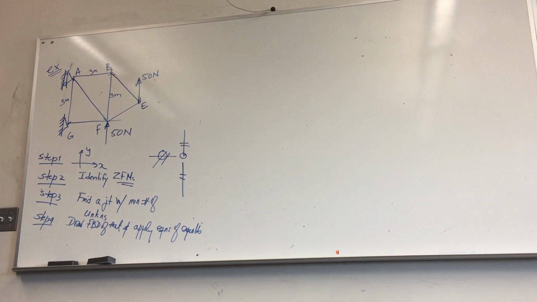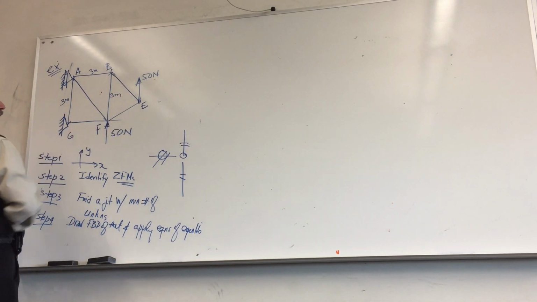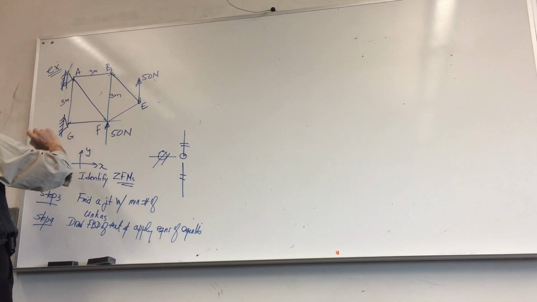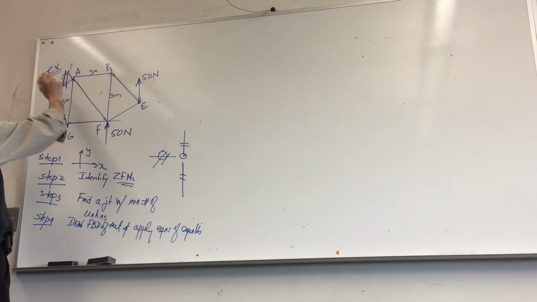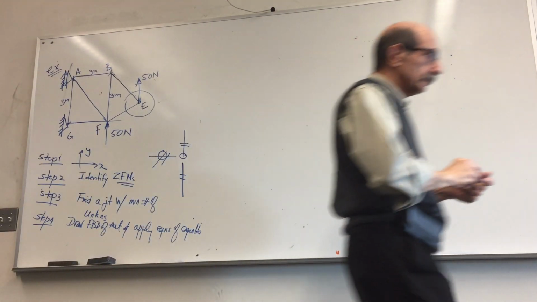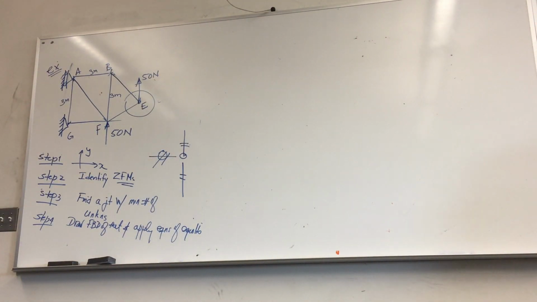So in this case, you have two unknowns here. 1, 2, 3, 4 unknowns at the other joints. So this is the one with the minimum number of unknowns, so I will consider equilibrium of that joint, okay?